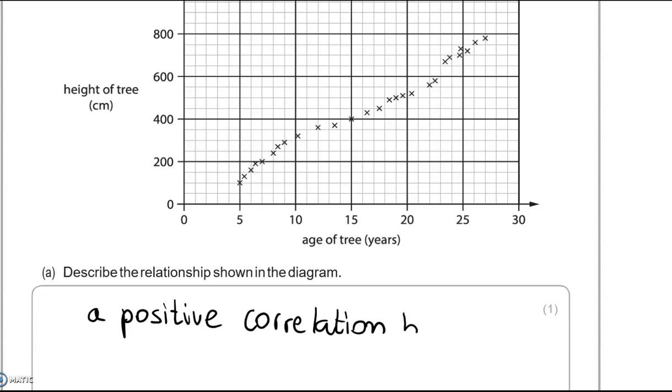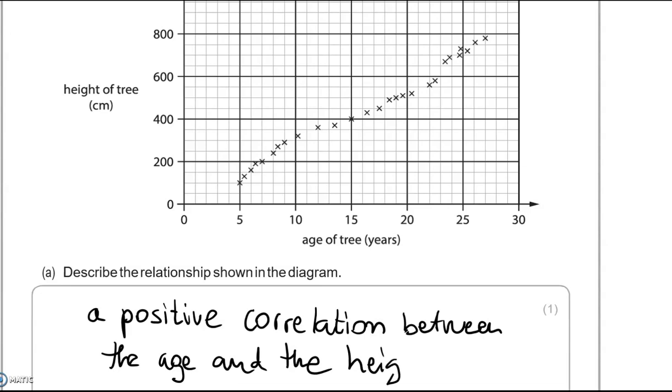Positive correlation between the age and the height of a tree.